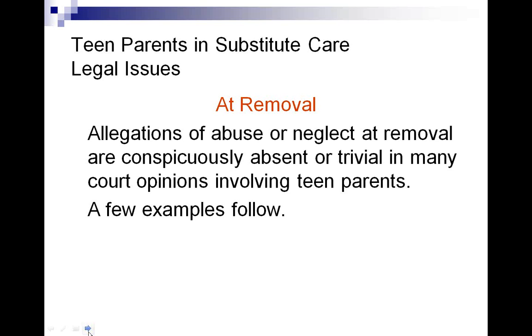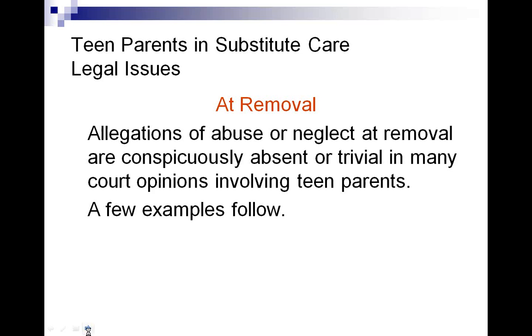Now, if you look at teen parent cases, we were looking for the grounds for removal and the grounds for TPR. What is really strange about the removal is that they are simply not there for teen parents. That's what I mean by conspicuously absent: oftentimes they do not say why the child came in. The child was born, the parent was in care, the child was removed at birth.